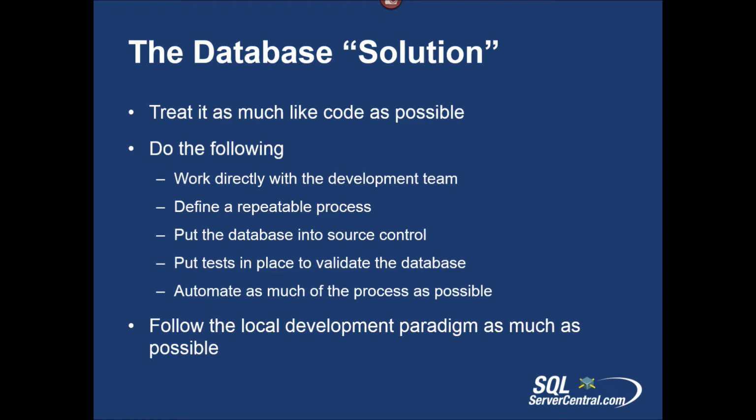And so my concepts are pretty straightforward. What I want to do is treat it as much like code as possible by working directly with the development team. No more of this, throw things over the wall to them, they throw things over the wall to us. Get right involved with them. If you are building systems, build systems with your development team.